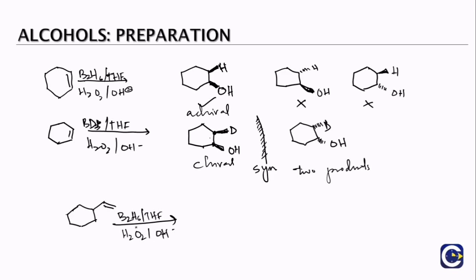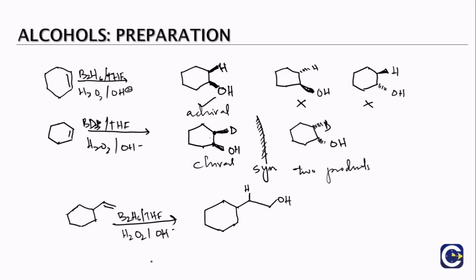In this case again we have to look for the same product. No change will be in this part of the compound, so the change will take place here. We'll be having hydrogen at this carbon and hydroxyl at this carbon.